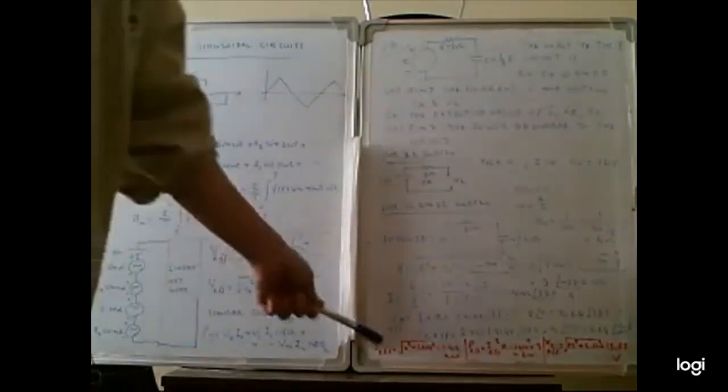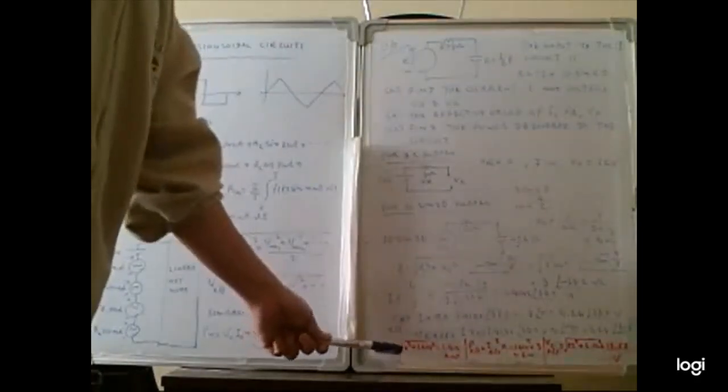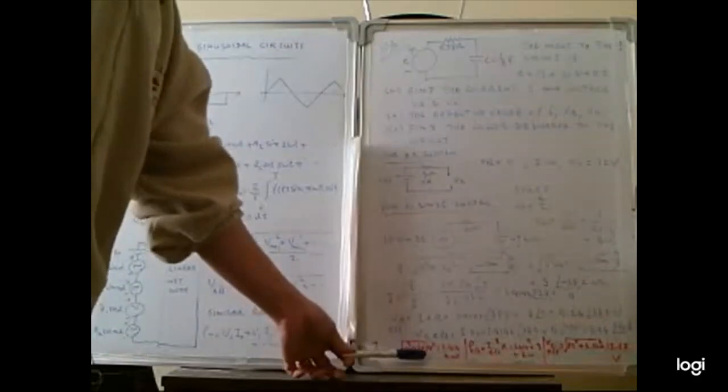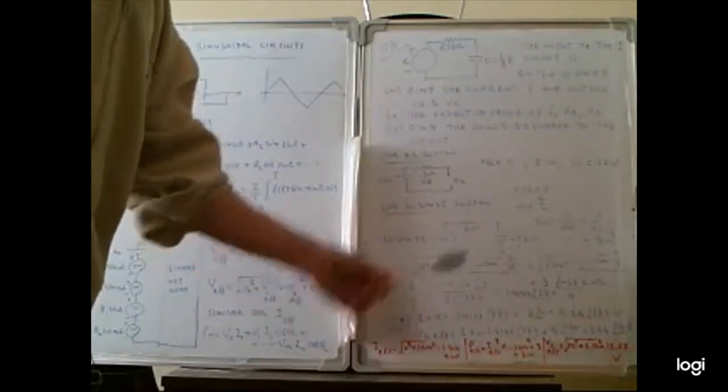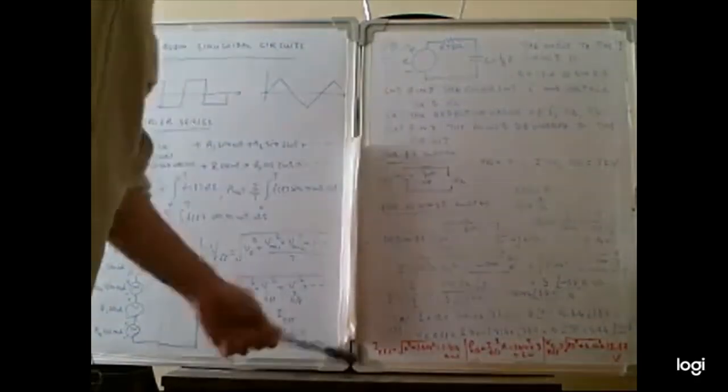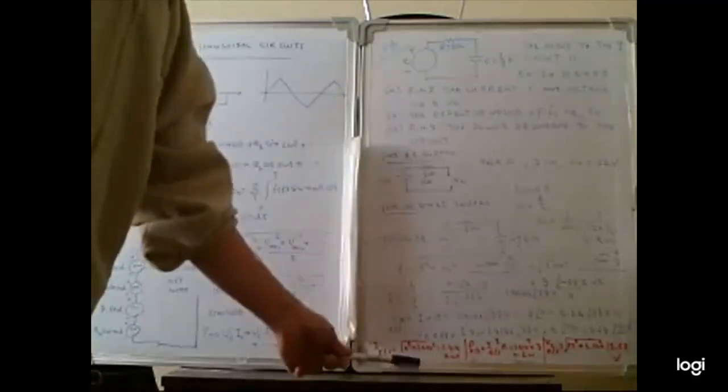So we can calculate the effective values. The effective current is the square root of the DC current squared plus the AC current squared. The DC current here is 0, so substitute 0. The AC current here is 1.414 squared.